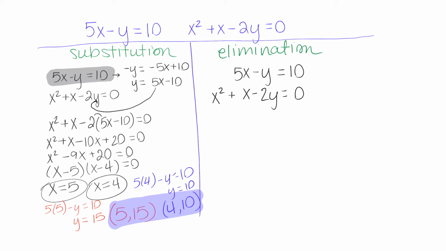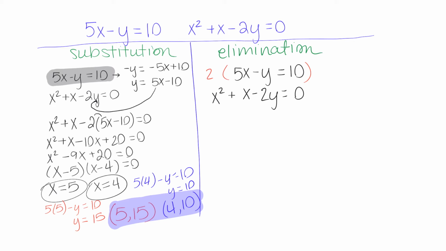See what I mean? Okay, now remember when you do elimination, you have to have matching coefficients somewhere, which I don't have. So I think my best bet is to get the y coefficients to match. So I'm going to multiply this whole thing by 2.